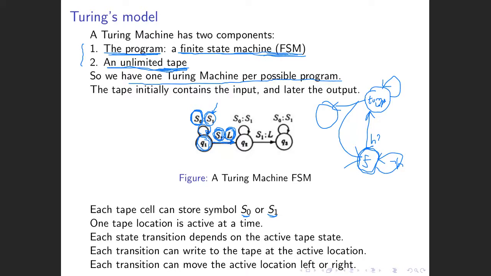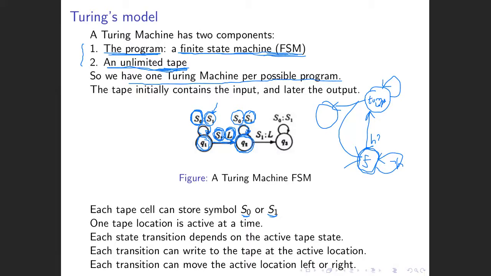Now you are in state 2, and you ask, what am I looking at on the tape? If I've got a 0, I'm going to write a 1 on the tape and go to this state, which is still state 2.